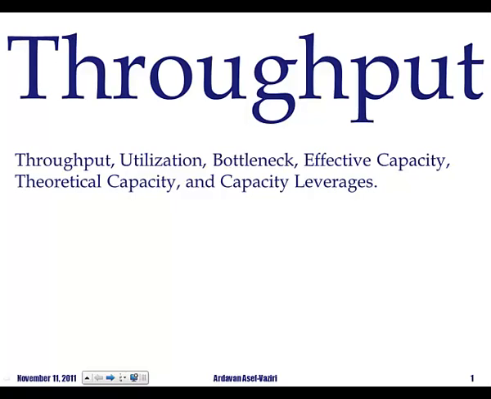In this talk I will explain throughput. I will talk again about utilization, bottleneck, and then we talk about the difference between effective capacity and theoretical capacity, and we discuss capacity leverages, and we may expand on some other issues.